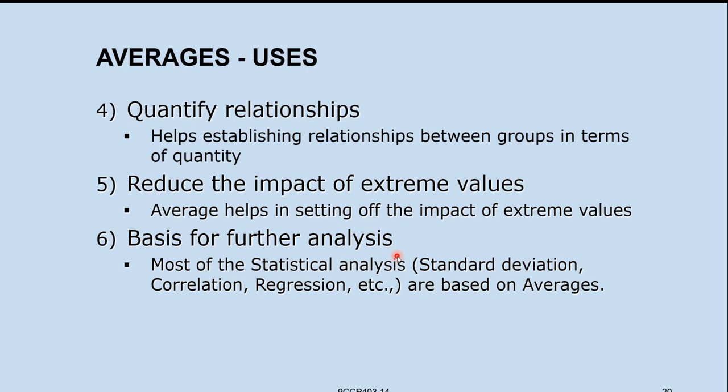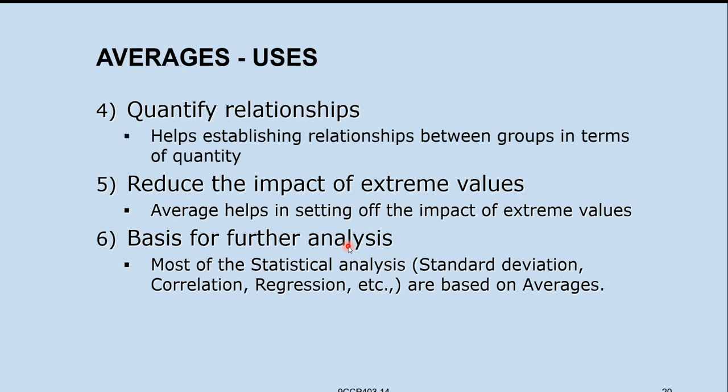All these statistical analyses we have mentioned here, standard deviation, correlation, regression, and some other analysis depend on the averages. That is mostly the arithmetic average or median and mode. So this statistical analysis also depends on the averages only.